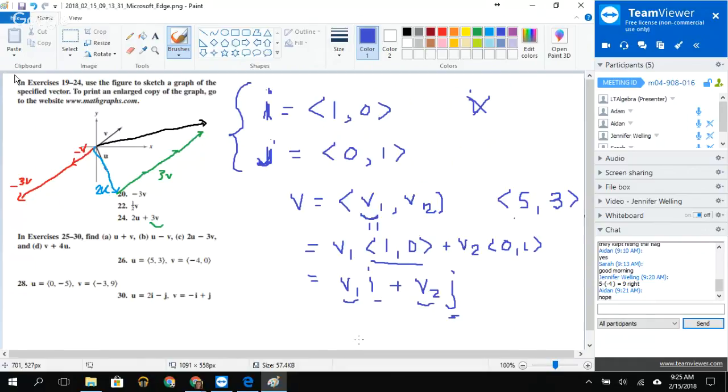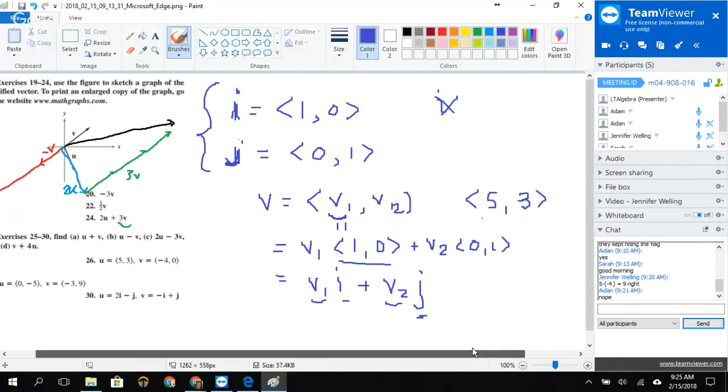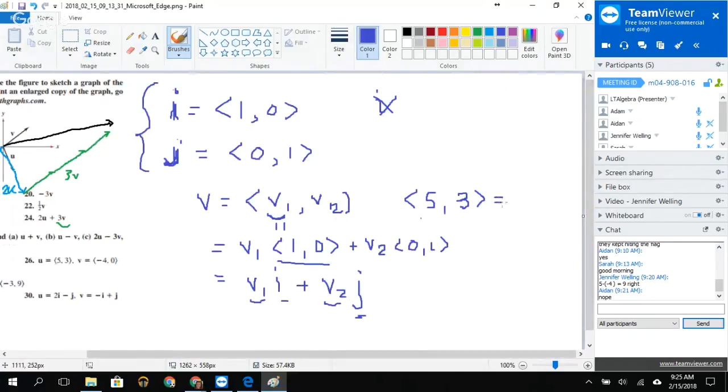So what this looks like with a real example, like 5, 3 over here, if I make my screen a little bigger. We could rewrite the vector 5, 3 as 5 times the unit vector I plus 3 times the unit vector j. And these are equivalent vectors to each other. It's just another way of writing it.